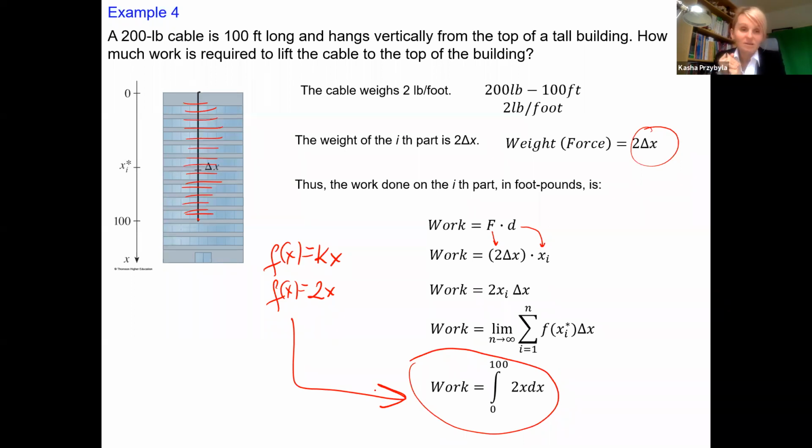If you understand that we have to integrate, because the force is a variable and it's changing, then you can just write down that we have to integrate the force over the entire distance. But make sure that we have a good formula for the force. I think that's the easiest way. We know how we got that, because it's 2 pounds per foot, so we have to include that too.